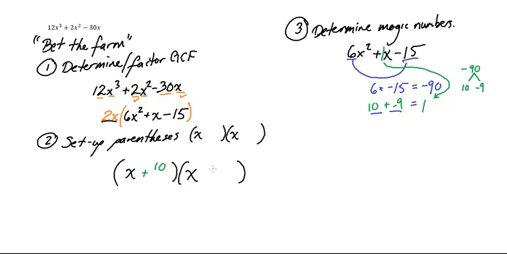Now what I'm going to go ahead and do is put them in there. And I'm going to go ahead and give myself some space on the bottom. Okay? So I'm actually going to set these up like fractions. The magic numbers go on top.